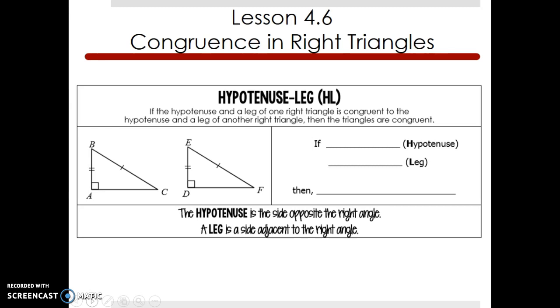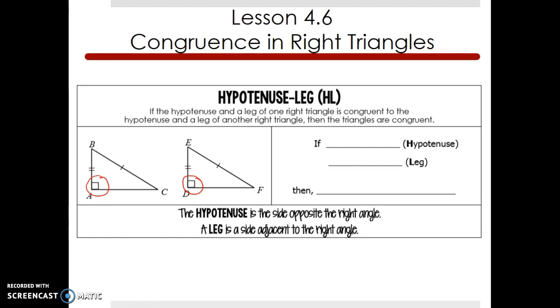But HL has two sides that are congruent. However, the third thing is that it has to be a right angle. If it's not a right angle, you cannot use hypotenuse-leg. These only apply for right triangles.